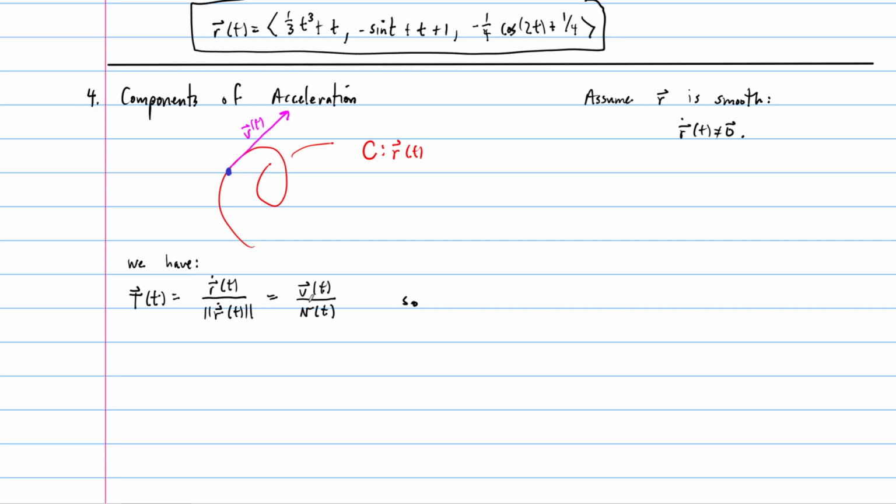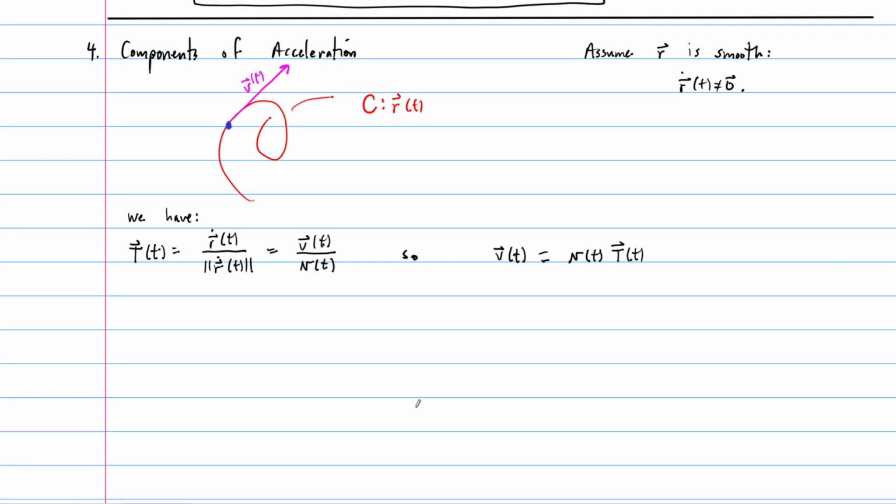So which means the speed is not 0, right? The speed's not 0. So what we can do then is just multiply both sides by the speed, little v of t, or regular v of t here, and we end up with a new formula for our velocity. So our velocity is then going to be equal to the product of the speed as a function of t times the direction, the unit tangent vector field, as a function of t. Okay? Now, why is this useful?